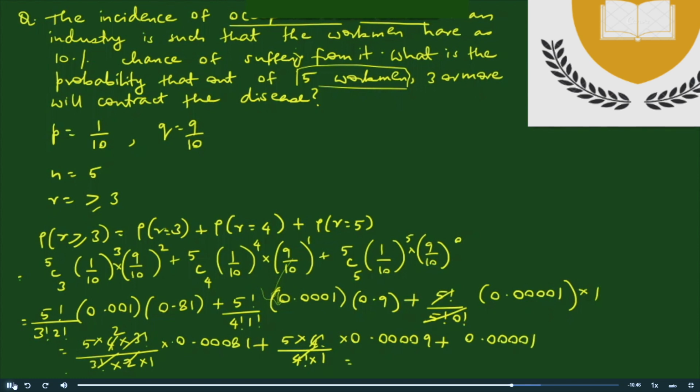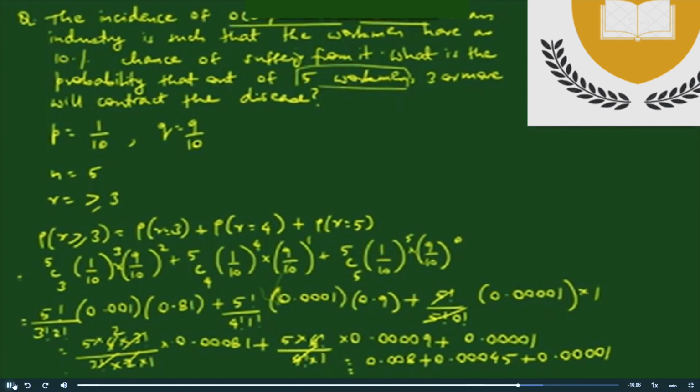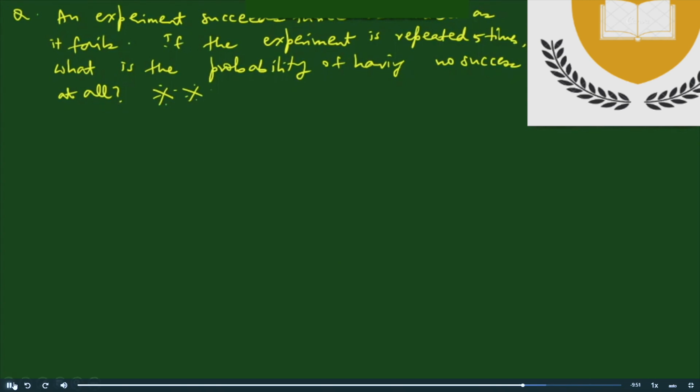This is going to give me 0.008 plus 0.00045 plus 0.00001. This is equal to 0.0086. Very important question.